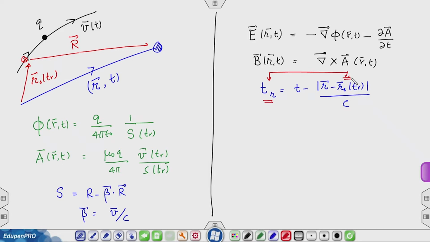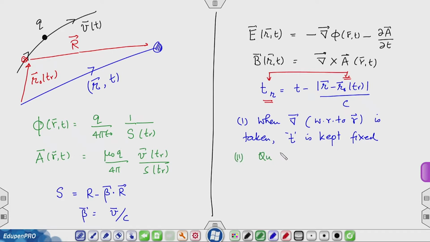So, let me write the difficulties first. 1, when derivative grad, so with respect to r is taken, t is kept fixed. Number 2, quantities like position r_0(t_r) of the particle, velocity of the particle, acceleration of the particle are given in terms of t_r.